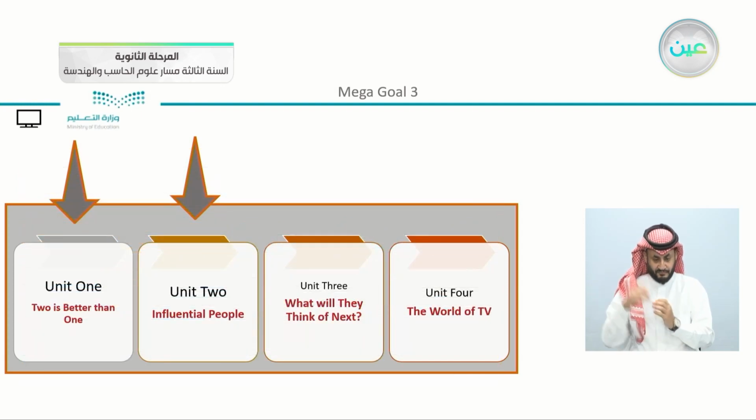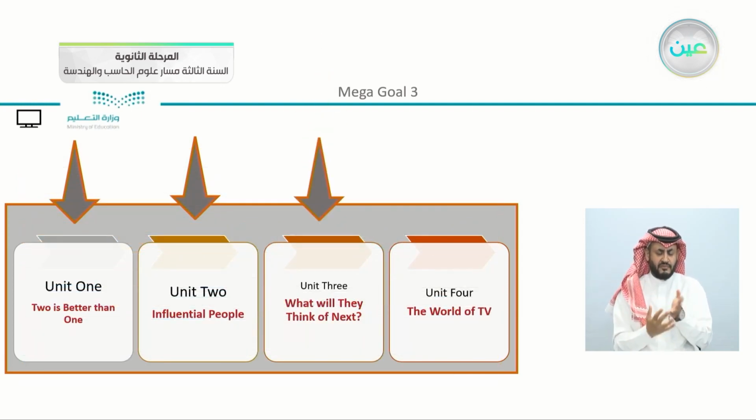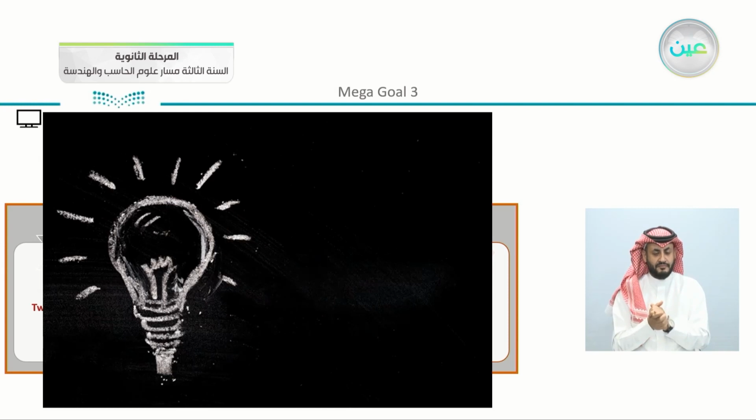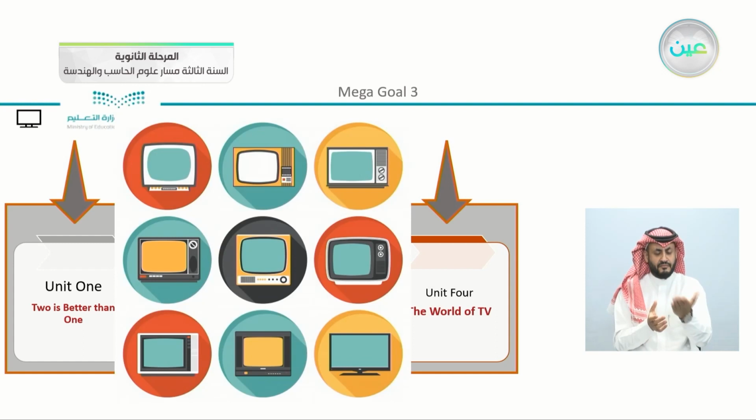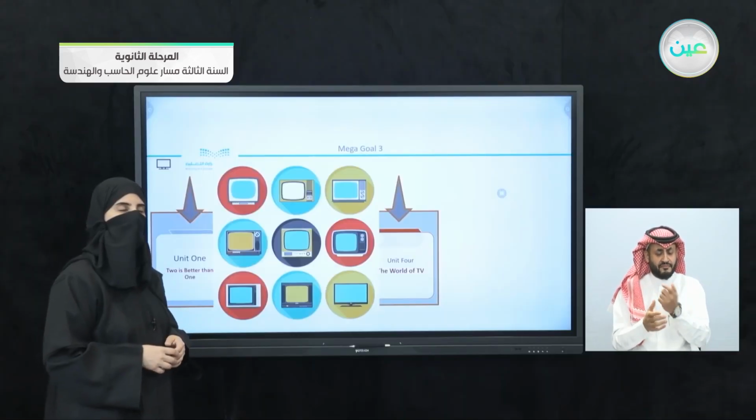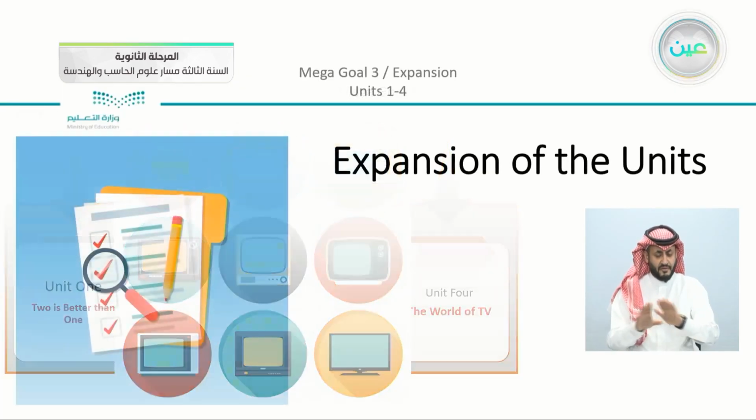We had unit 3, which is what will they think of next, in which we talked about the future and all the different predictions that were made in the past for our present time, and also what we can expect to happen in the future. We have our unit 4, the world of TV. It was actually about different genres, movies, and we have here stories to write and so on. So we completed our units here.